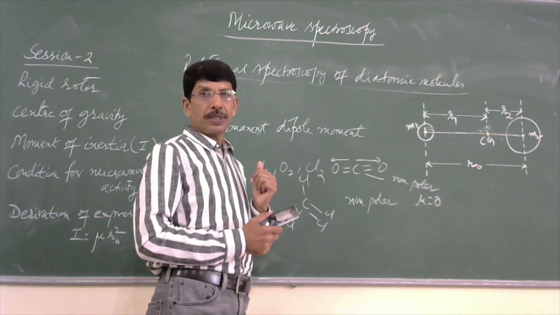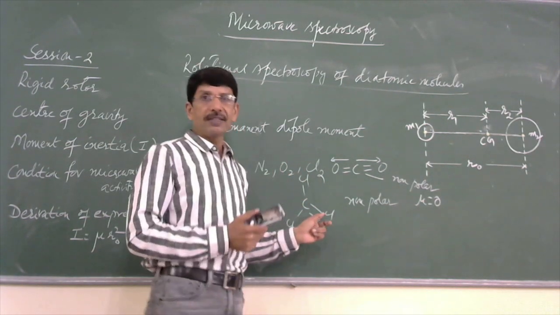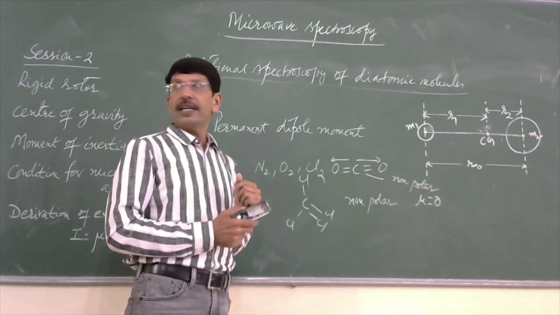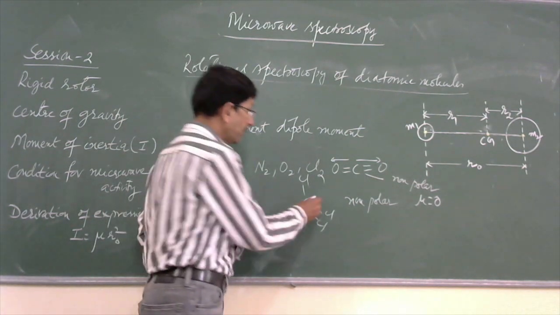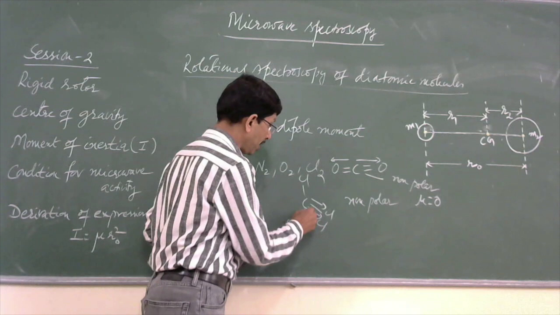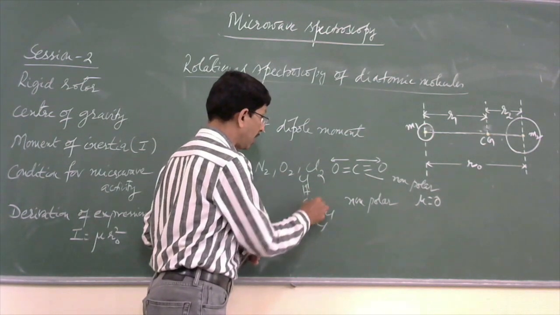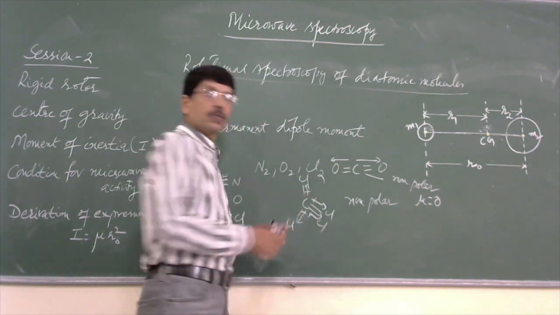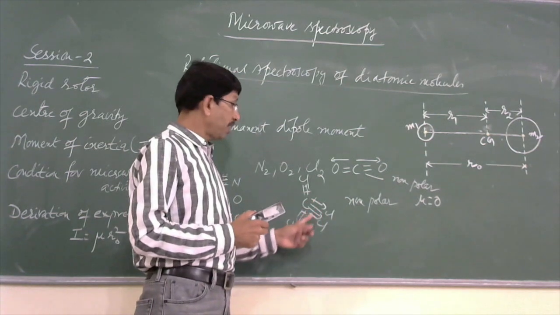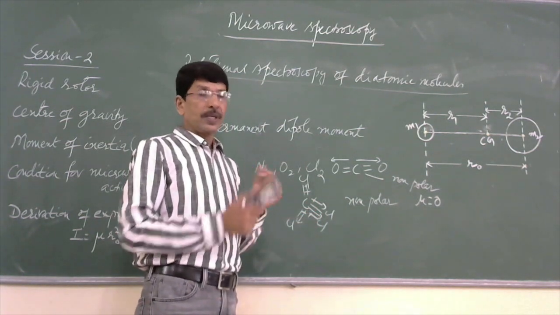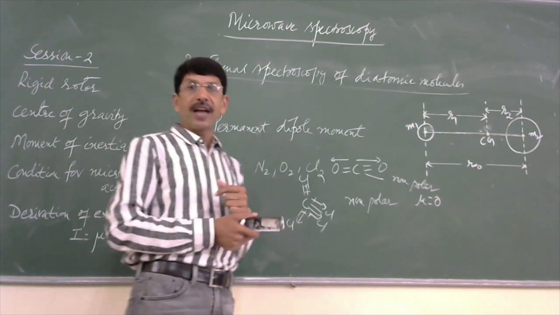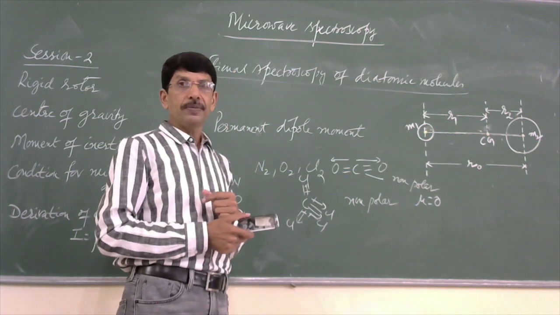which cannot be studied by microwave spectroscopy. Similarly, if we consider tetrachloromethane or carbon tetrachloride, there are 4 carbon-chlorine polar covalent bonds. So there are 4 dipoles oriented at an angle of 109 degrees 28 minutes to each other.